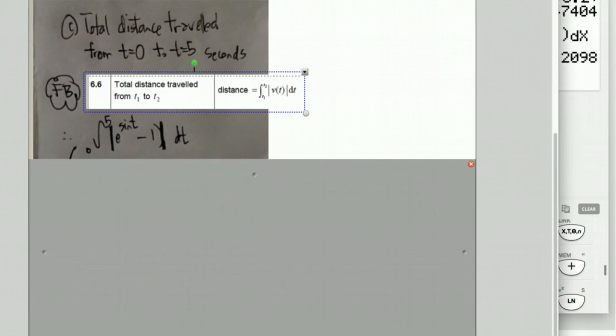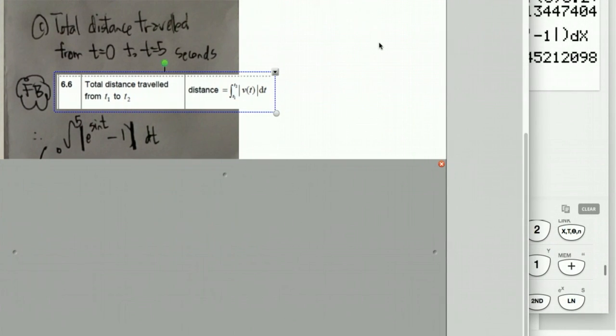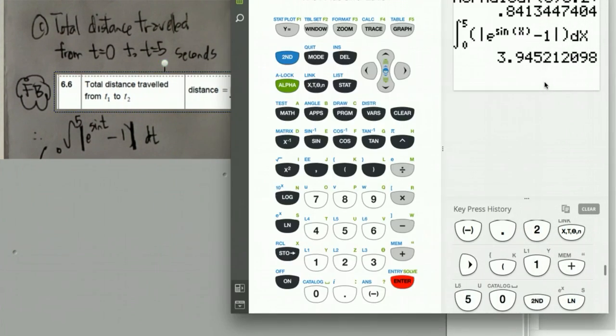This is a paper 2, as I've been reminding you. So we can go over to our GDC and type in the integral of the modulus, or absolute value, of e to the exponent sine x minus 1, making sure that the minus 1 is not in the exponent, which could be a common error.